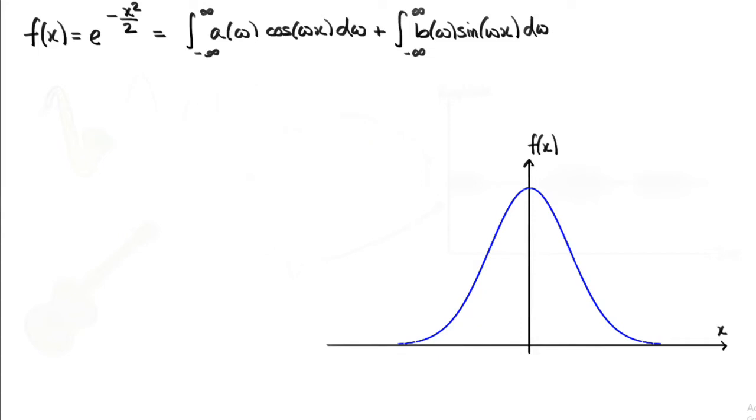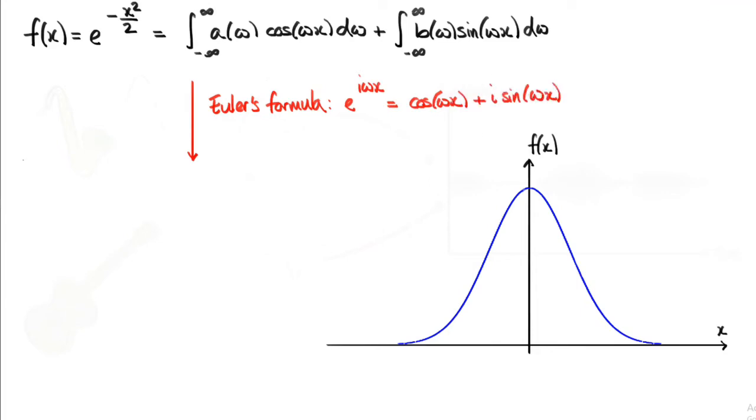We can combine both these integrals into one integral by remembering Euler's formula that relates sine and cosine waves to the exponential function. And that gives us f of x is equal to an integral over the entire range of frequencies of c of omega, the amplitude, multiplied by e to the power of i omega x. And it's this function, c of omega, that we call the Fourier transform of f of x.